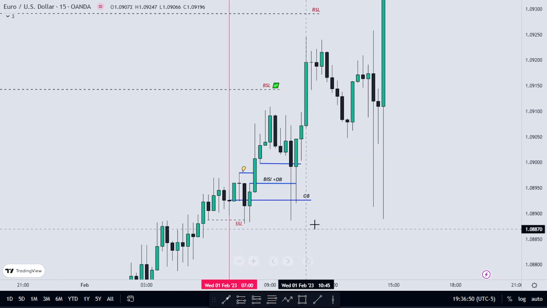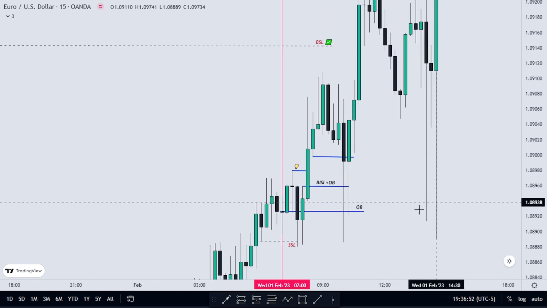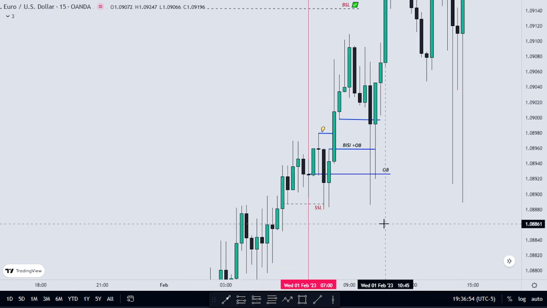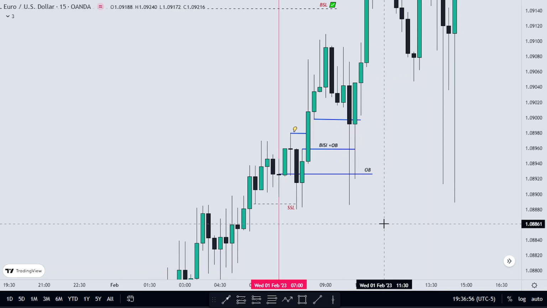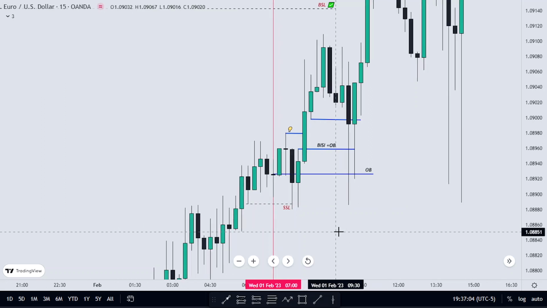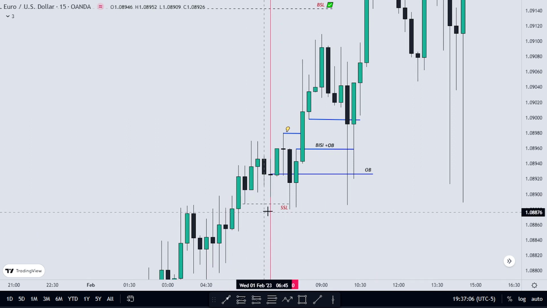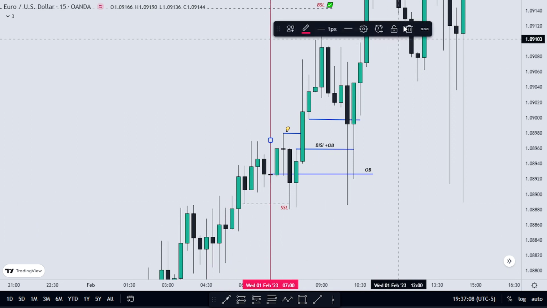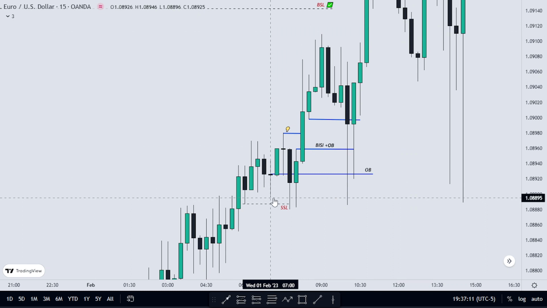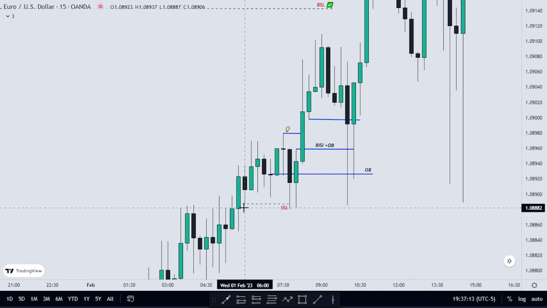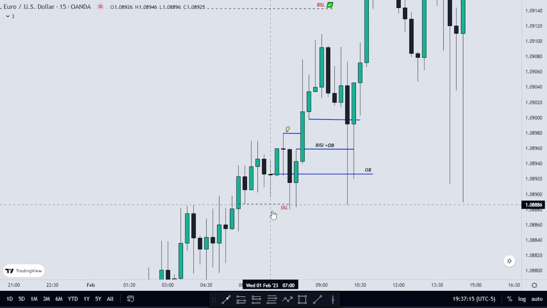So as soon as New York opened, what did New York do? Remember, whenever you anticipate a significant price run, you should anticipate some liquidity run. So you can see that we had this low and then this low, which was a liquidity pool.